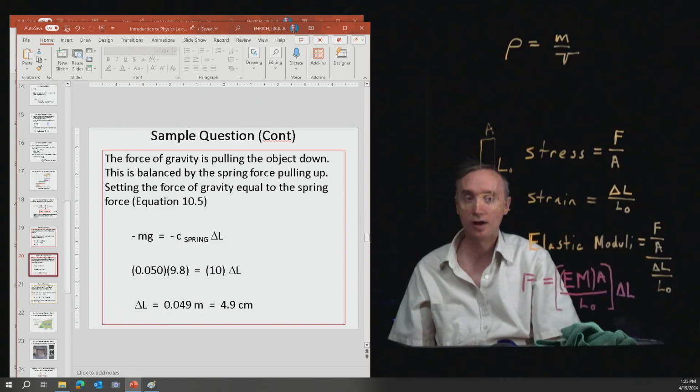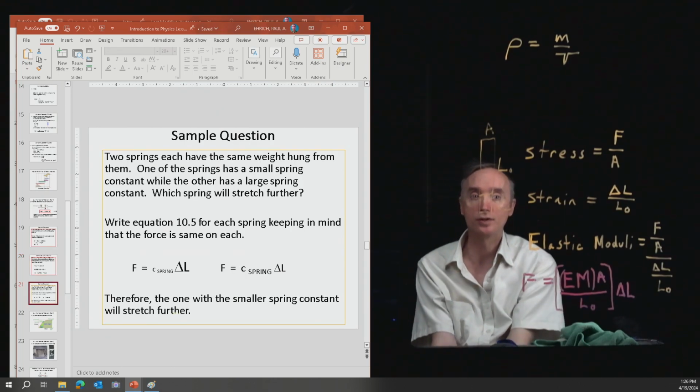The force of gravity, which is mg, where g is the acceleration due to gravity, 9.8 meters per second squared, we're going to set equal to the spring force, which is minus the spring constant times how far it stretches. And then we plug all of our numbers into that, and it turns out to be 0.049 meters, which in terms of centimeters would be 4.9 centimeters.